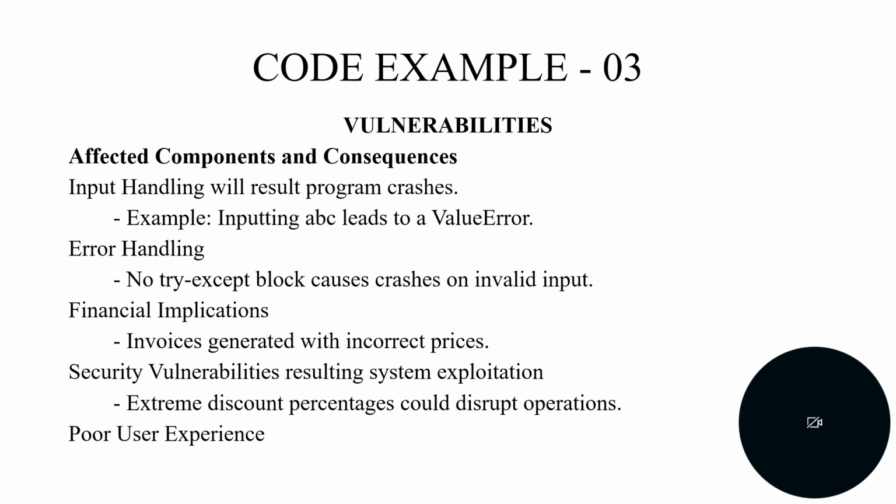If unchecked, these could be exploited to manipulate the system. And also poor user experience, all these issues contribute to a poor user experience. Users may find the system difficult to use or unable to use if it crashes or gives incorrect outputs.